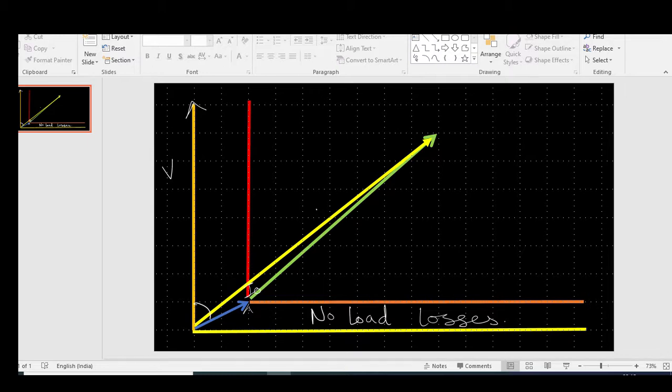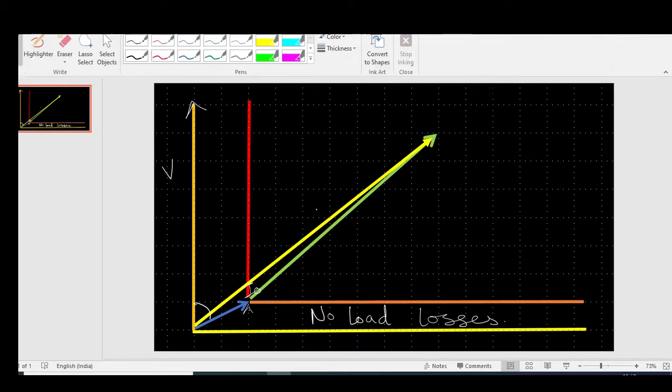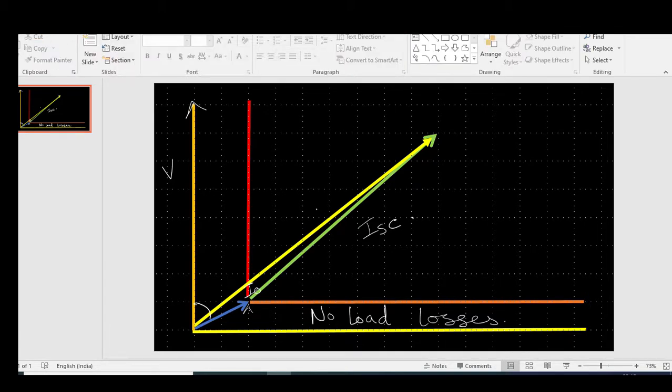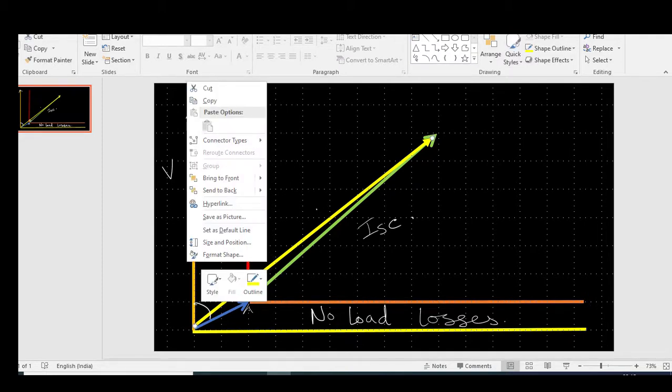that is, we can understand this ISC line. Obviously this ISC line would behave like a chord of that circle. For the time being, let me just erase this line.